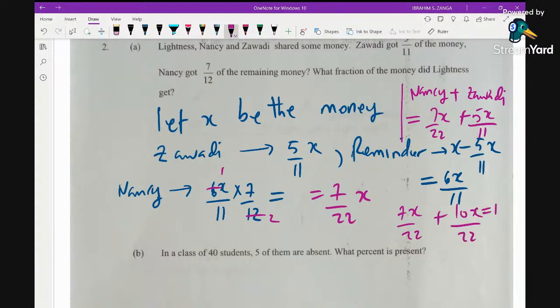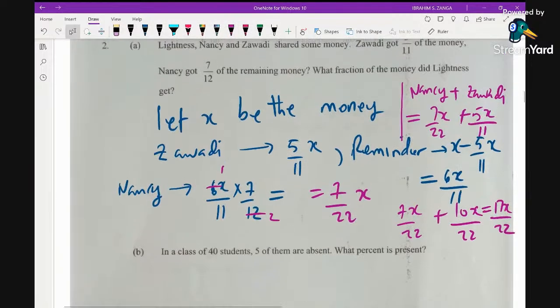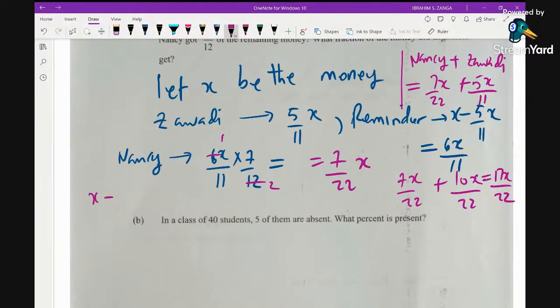You get 17x over 22. So the remaining money is x minus 17x over 22, which is 22x minus 17x over 22. You get 5x over 22.